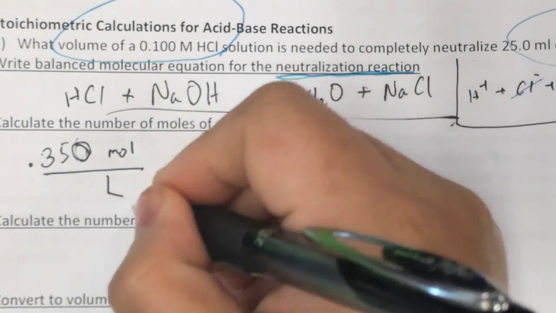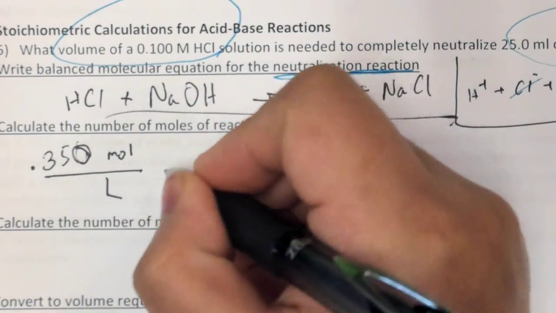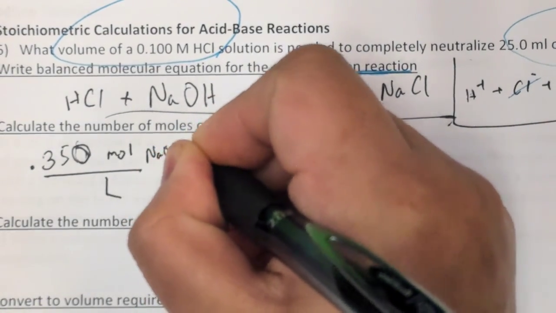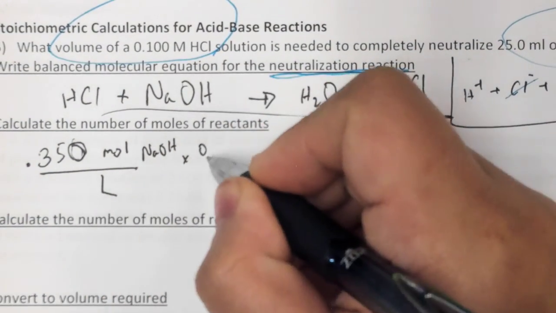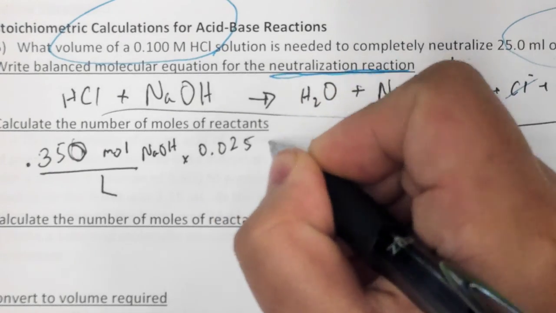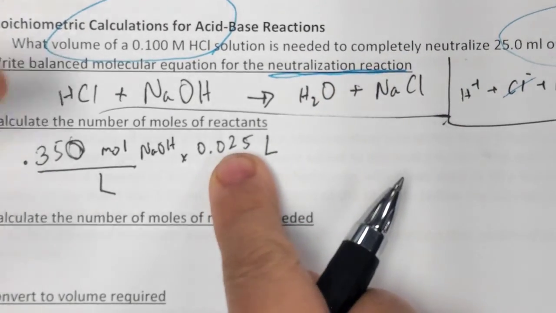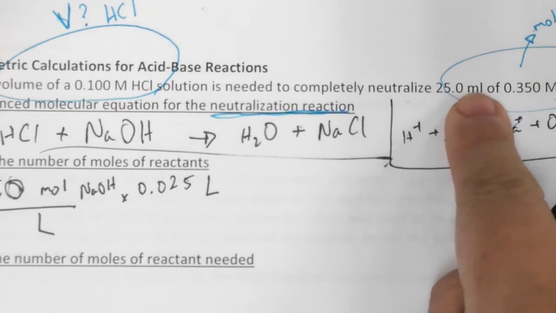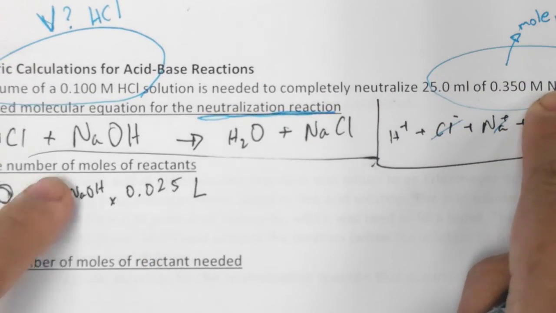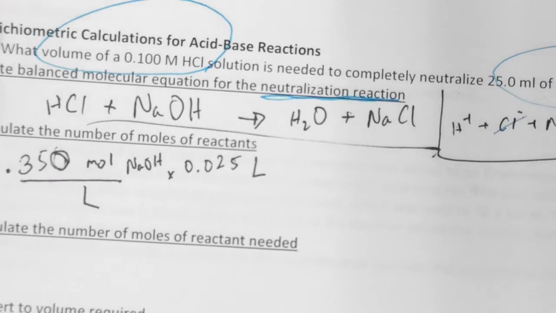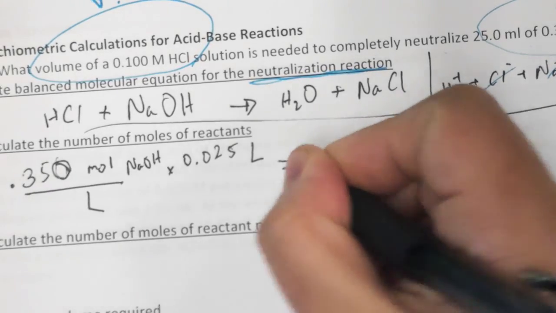So instead of saying molarity, I'm writing mole over liter, and this is NaOH. Times, I don't want milliliter, so I'm going to multiply by liter, 0.025 liter. That is basically this one, 25 milliliter is 0.025. The molarity is mole over liter, right? The same number. Okay, that is gonna give us what?